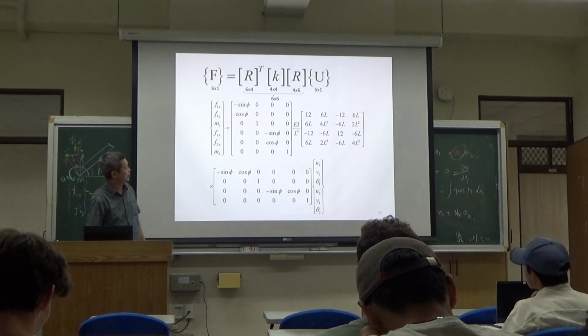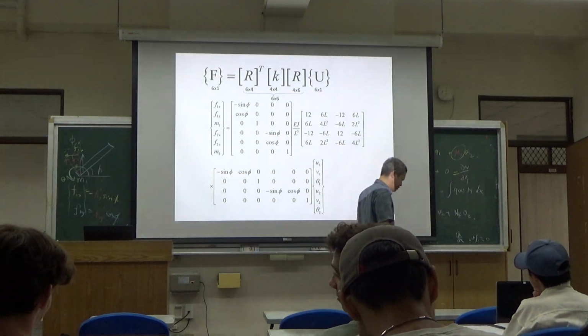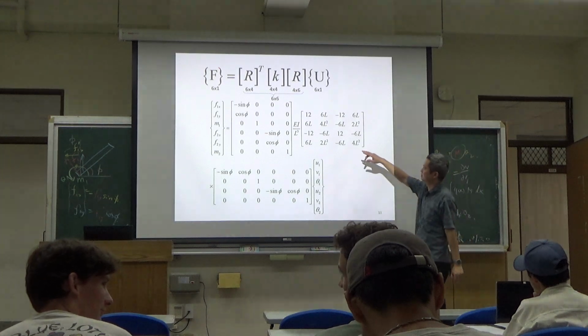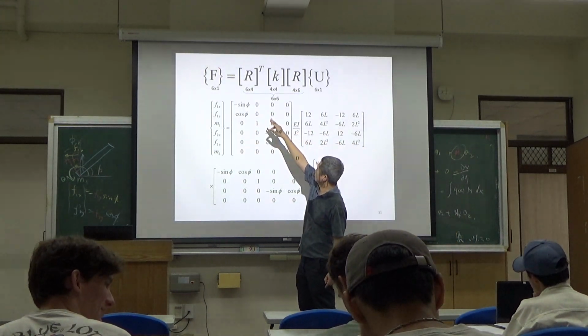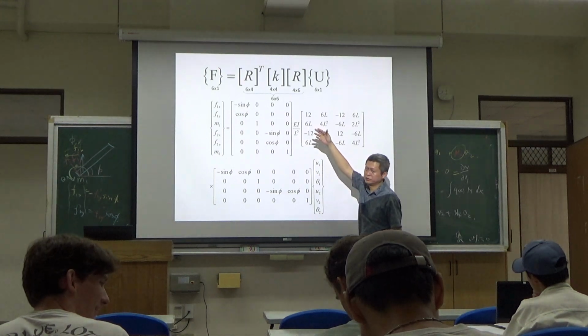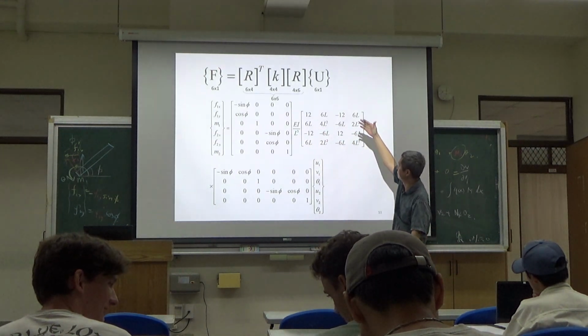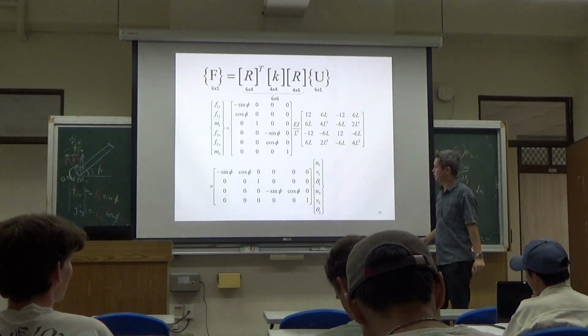Okay? So as a result, this 2D beam element is going to have global forces equal to rotational matrix transpose 6 times 4 matrix times 4 by 4 matrix times 4 by 6 matrix times the displacement vector of 6 by 1.